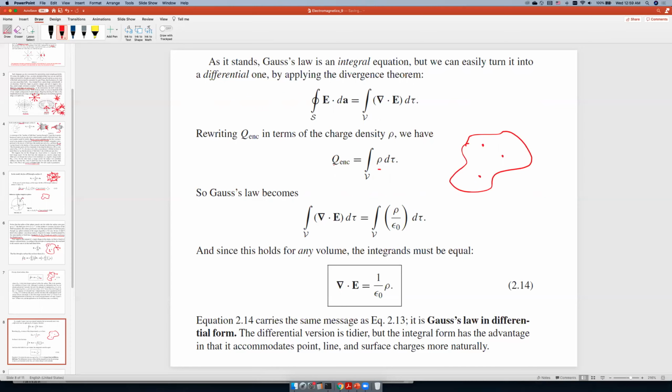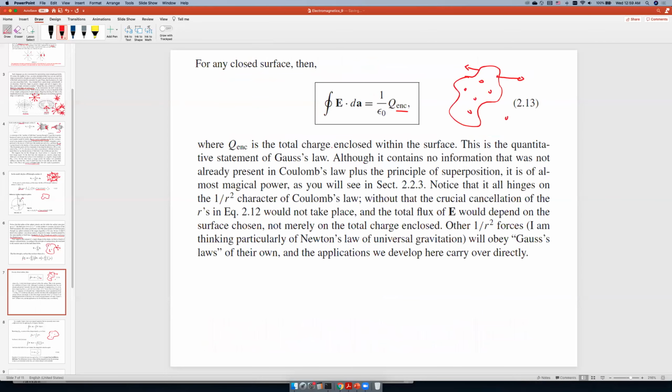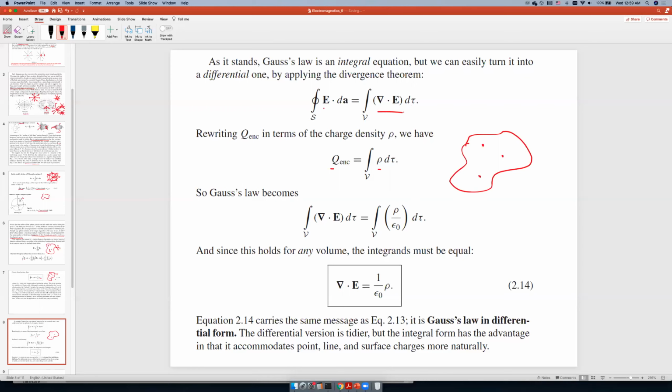So because flux equals Q enclosed over epsilon 0, and flux equals this, charge equals that, then on the right side, this one should equal the integral of rho over epsilon 0 dt. So you can write it into this form. This one, which is here, equals this one over epsilon 0, which is here.